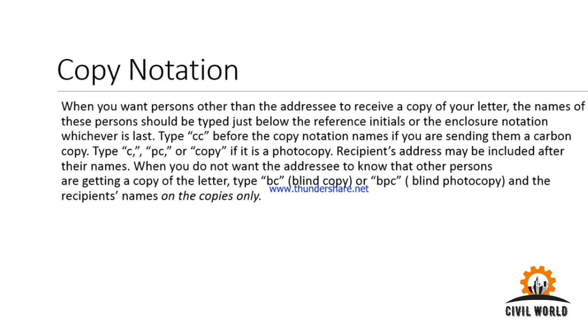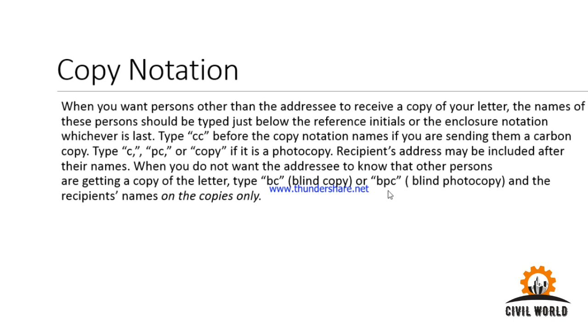PC is for photocopy: if you are sending photocopies of those letters, you can go for PC, meaning this is not the original copy of the letter. These are photostat copies that you have sent to these people. But if they are the original copies, you simply go for double C. And if it is a blind copy, you use the notation BC.